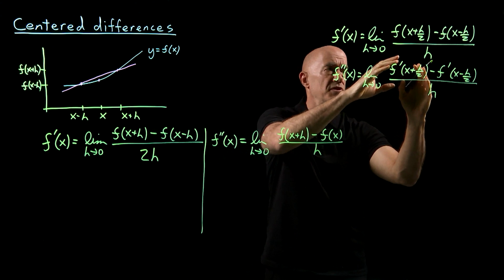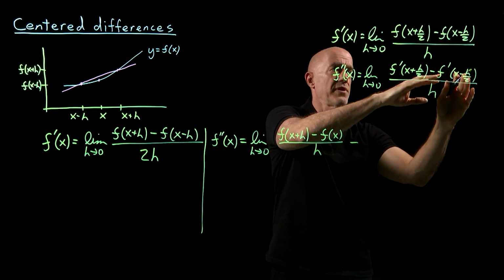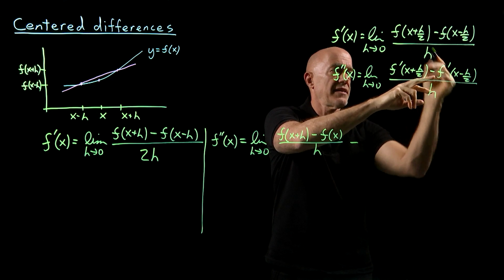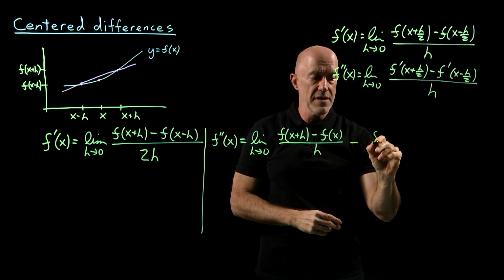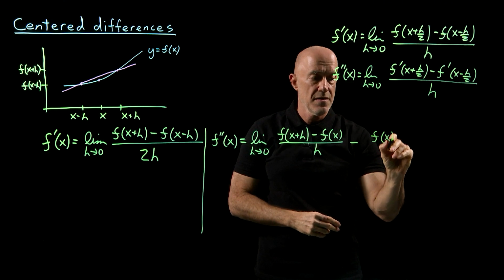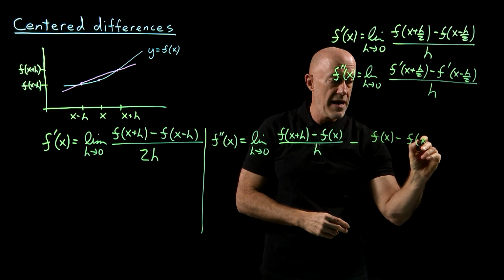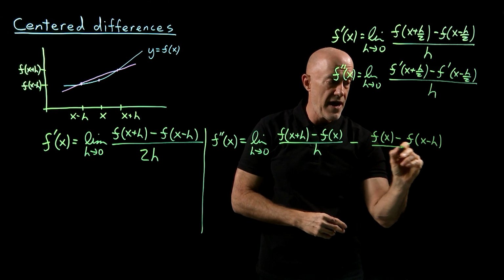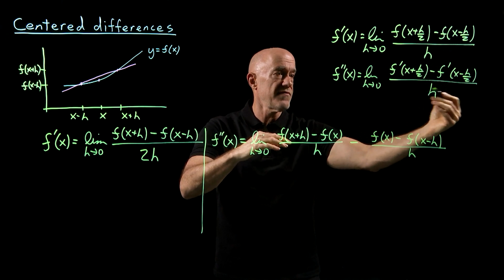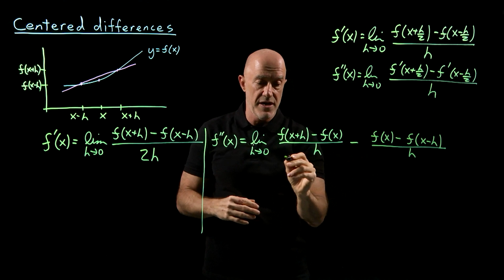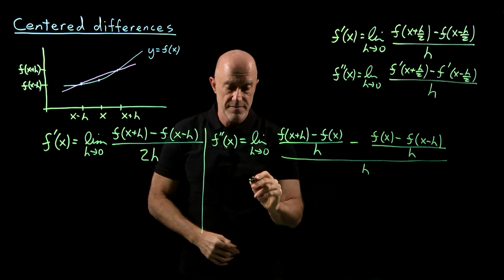So that's this first piece. And then minus the second piece. So we're replacing x here by x minus h over 2. So that becomes f of x minus f of x minus h, divided by h. And that whole thing then is divided by h, this h here. So this whole expression is divided by h.